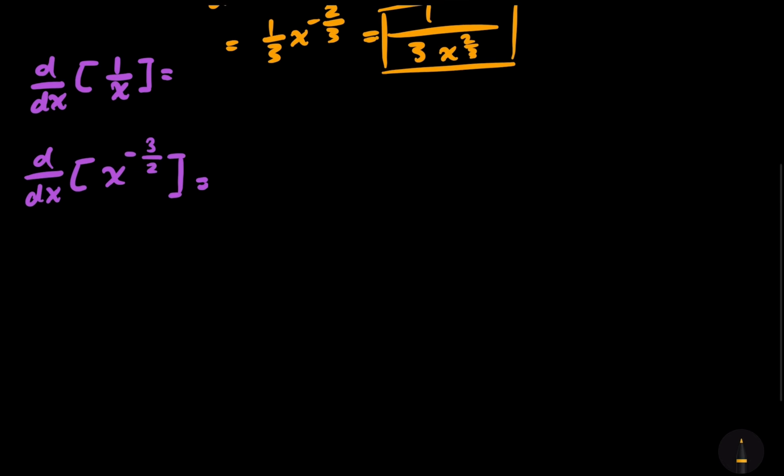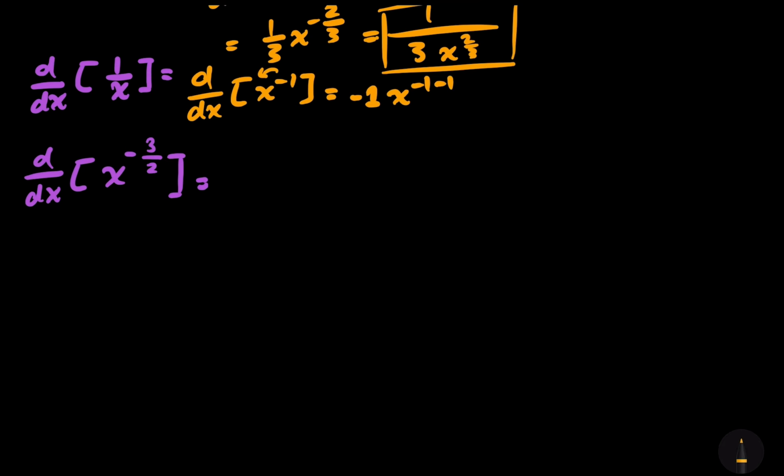And then let's apply the power rule for negative exponents. We have the derivative with respect to x of 1 over x, which is the same thing as the derivative of x to the negative 1, because x to the negative 1 is the same thing as 1 over x. Again, we just apply the power rule. We take this negative 1, bring it down as our coefficient, so we get negative 1 x to the negative 1 minus 1.